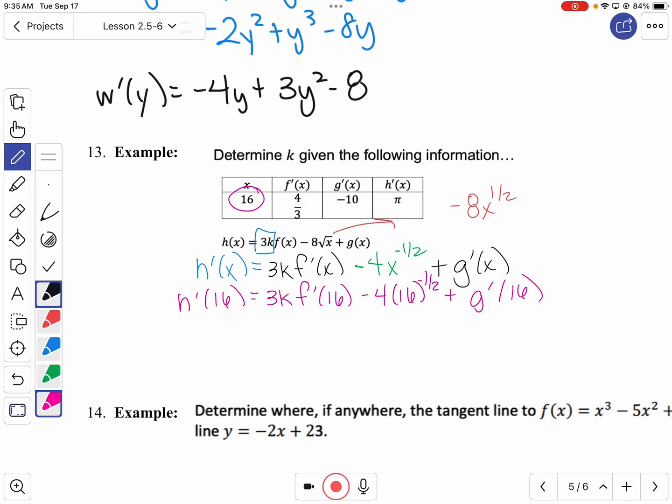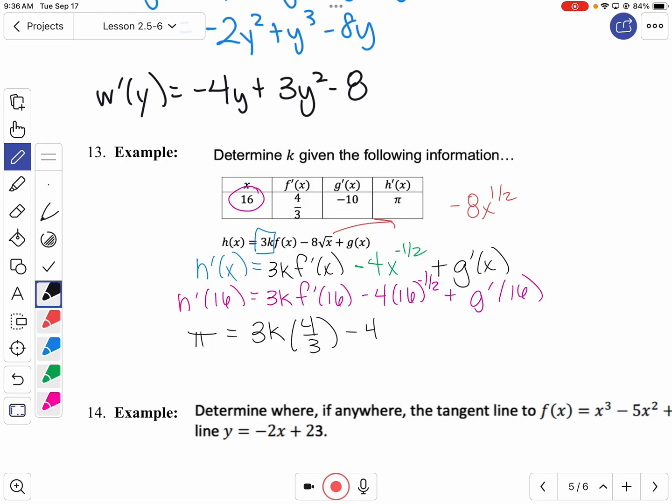Okay? Now, let's do a little simplification. How much is h prime at 16? It's pi. Equals 3k times how much is f prime at 16? 4/3. Minus 4 times, now, interesting, 16 to the -1/2.